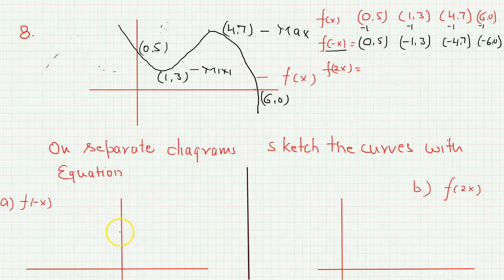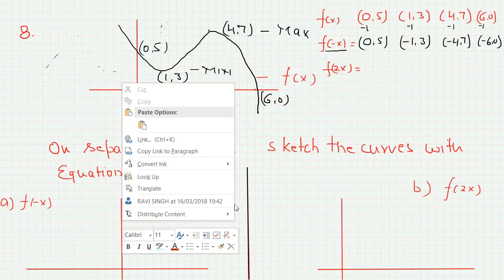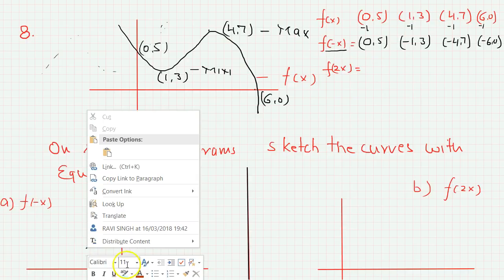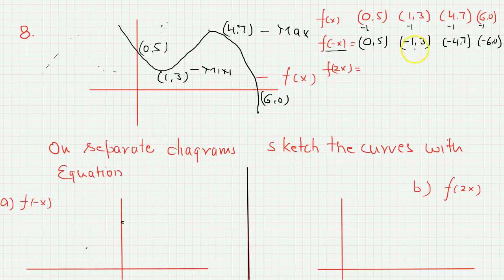(0, 5), so this point will remain here. (1, 3) will become (-1, 3). 3 will remain here, so it will be (-1, 3). (4, 7) will become (-4, 7), so it will be somewhere here. And (6, 0) will become (-6, 0).